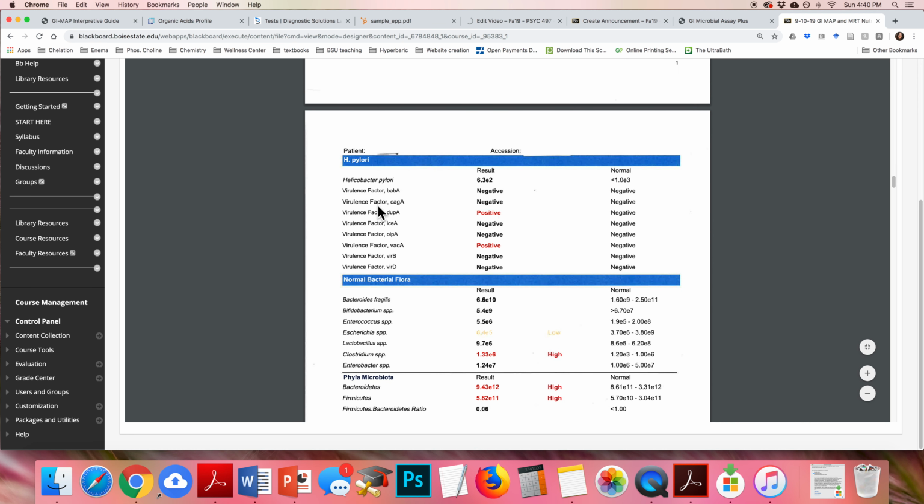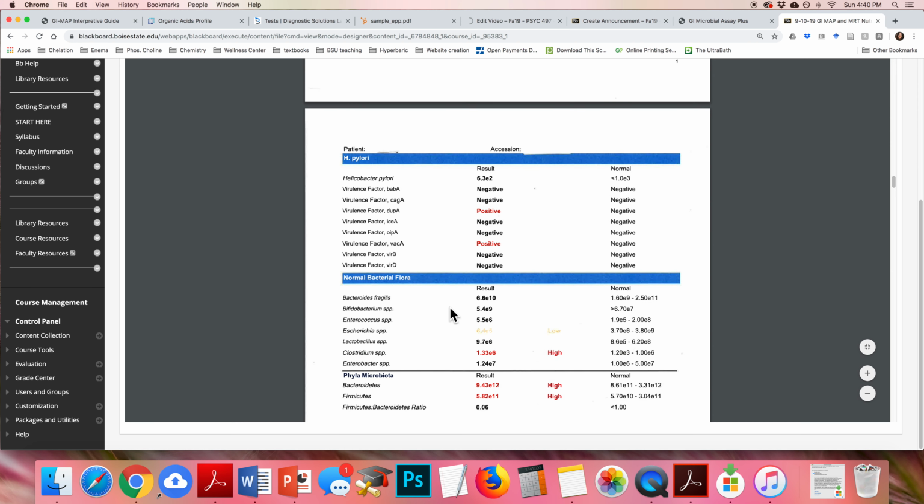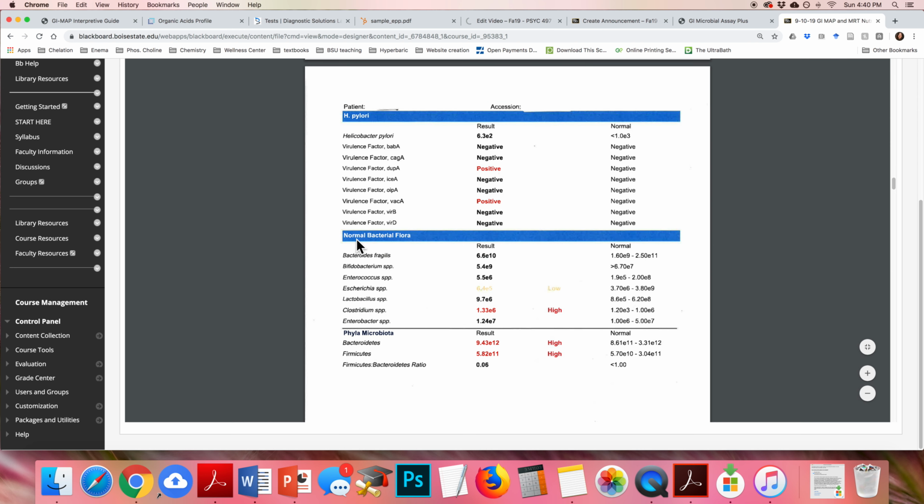So he looked, H. pylori was negative. So the normal bacteria flora, he's got a couple of things. He's got something that's low and something that's too high. So they can do eradication protocols to lower the bacterial growth that is too high, and the same is true for parasites.